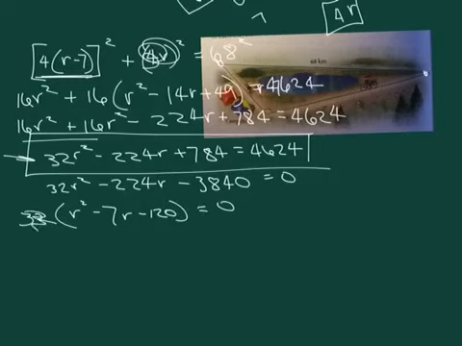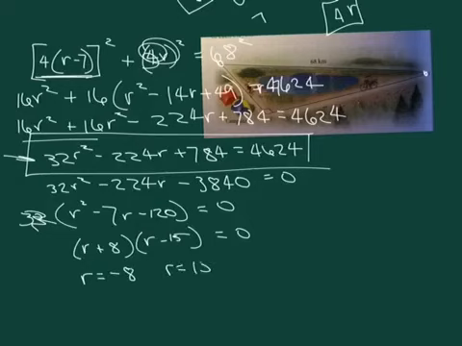So this can go away. We don't care about that. So, two numbers multiplied together give me negative 120, added give me negative 7. So I have r plus 8 and r minus 15. So r equals negative 8 and r equals 15.